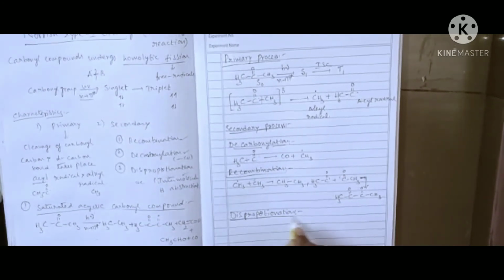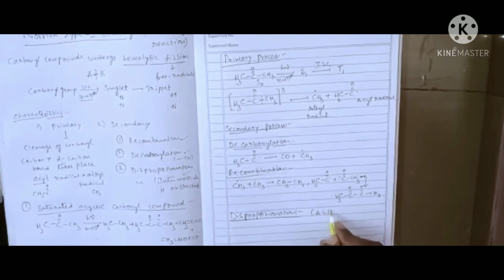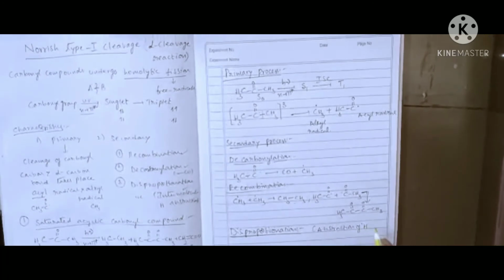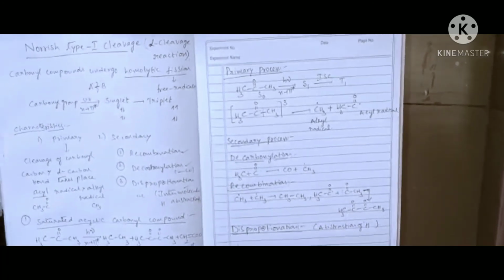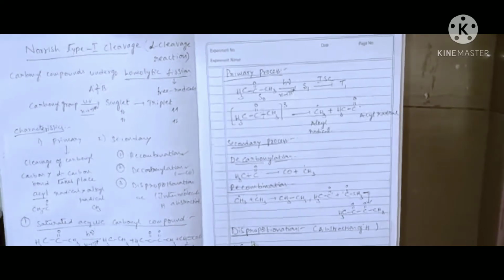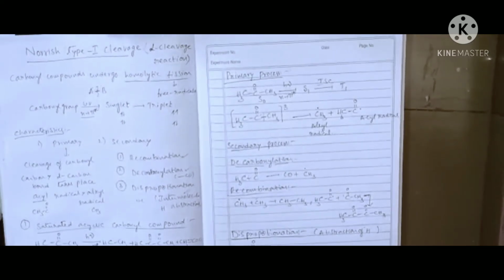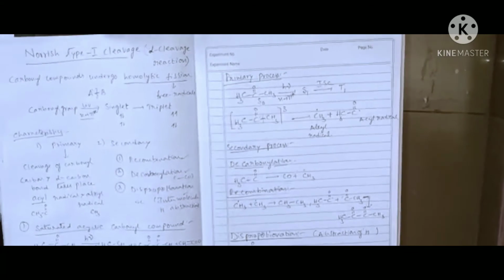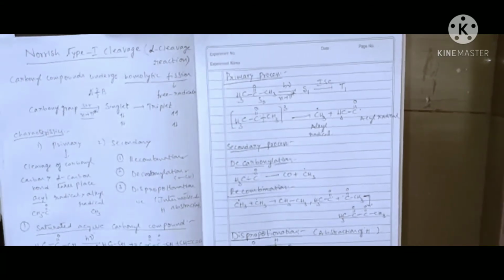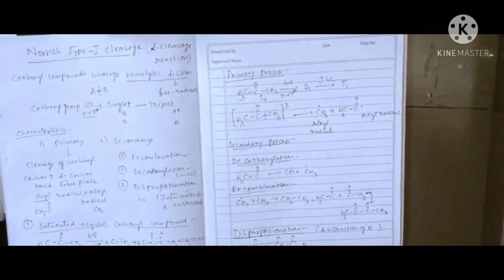Disproportionation reaction. Here the abstraction of the proton takes place, abstraction of hydrogen takes place. So for this we are considering an acyl radical, CH3 C double bond O radical, and another acyl radical is also taken. So we have to write the CH3 as CH2H C double bond O radical.